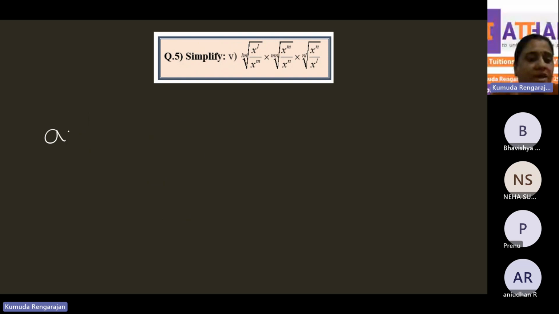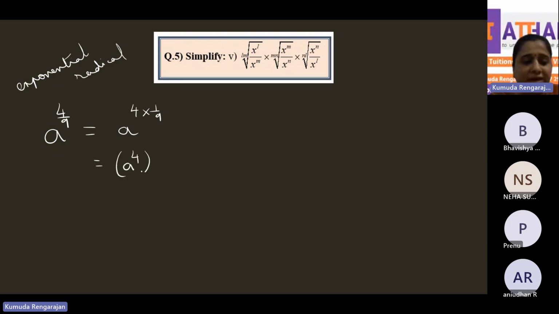A to the power 4 by 9 is an expression in the exponential form. We need to write this in the radical form. So what's the procedure? Write 4 by 9 as 4 into 1 by 9. Then write a to the power 4, bracket, whole power 1 by 9. Now 1 by 9 means the ninth root of a to the power 4.